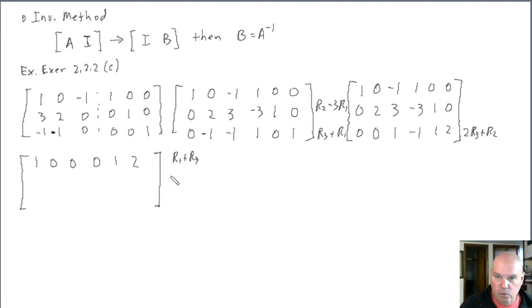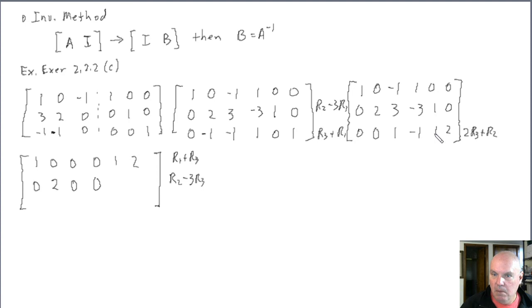For row 2, I want to subtract 3 times row 3. That would force a 0 there. So I'll have 0 minus 0, 2 minus 3 times 0, 3 minus 3 times 1, and then minus 3 plus 3, so that gives me a 0.